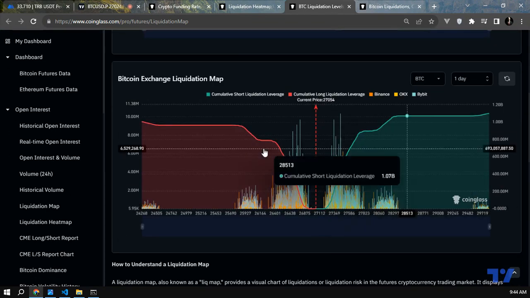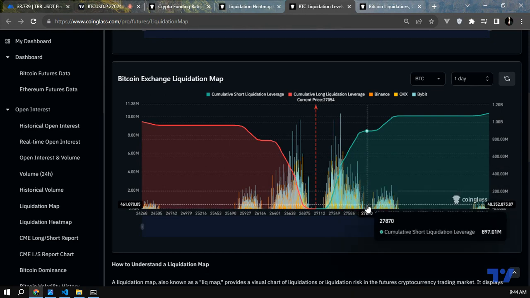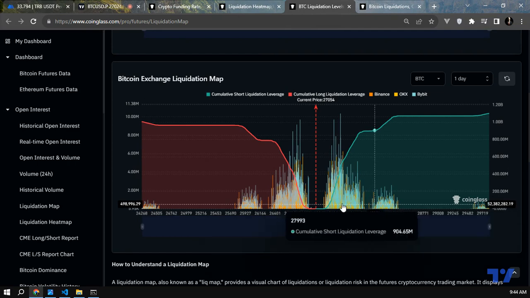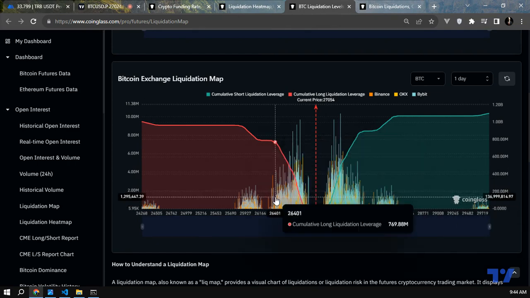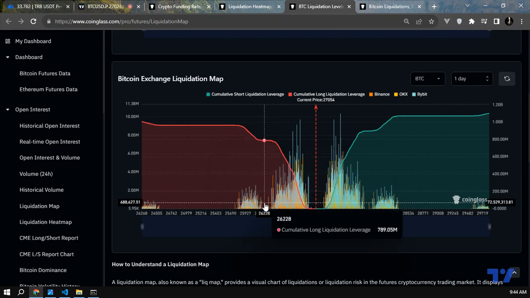Now let's take a look at all exchanges here. So you can see again, to 27.9 or 27.8, we get around 897, so we can say 900 million. To 26.2 is going to be 789, around 800 million.